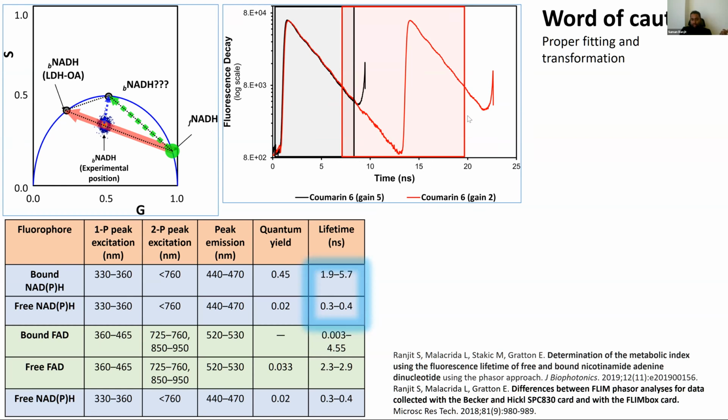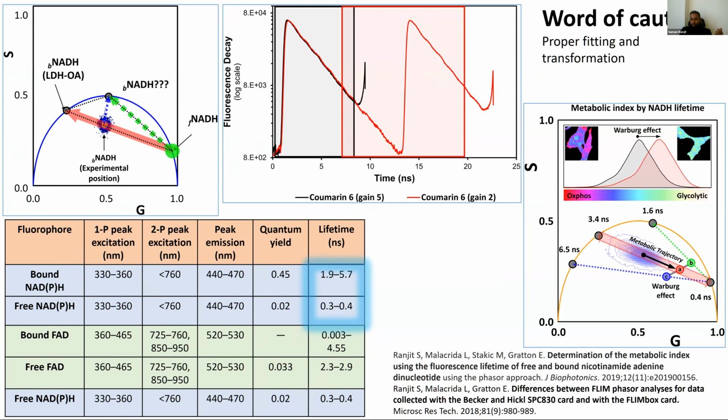However, if you choose a window in between two consecutive decay sets where you have a repeating signal, you could actually transform it properly. And if you do that, you basically get this sort of behavior where it's roughly 3.4 to 4 nanosecond is where our bound NADH is, and our free NADH is as always at 0.4, and that's the proper metabolic trajectory.